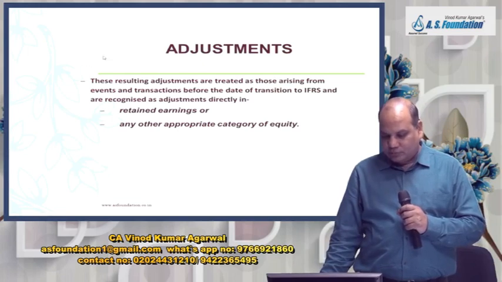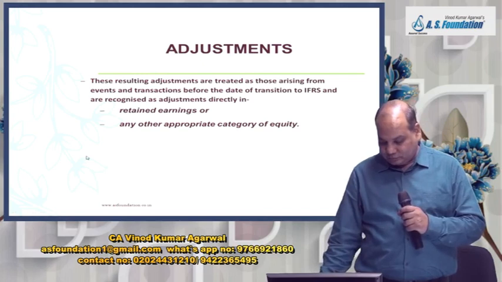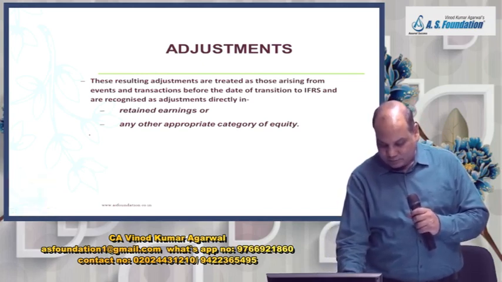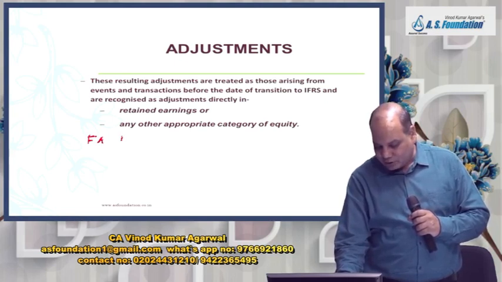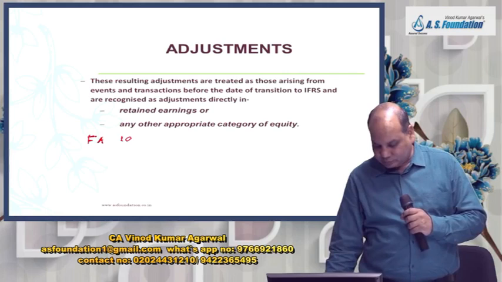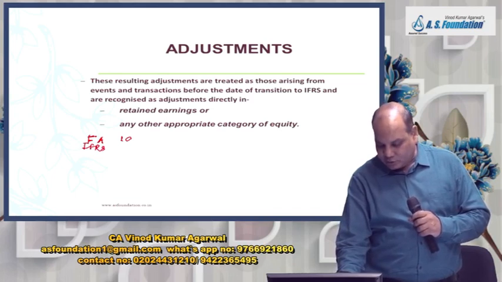Old GAAP, new GAAP. Amounts are changing. If the amounts are changing, where will you give the second effect? Where will you give the second effect? Suppose under old GAAP some financial asset was appearing at 10 lakh. And as per IFRS, if I take the fair value, it is only 9 lakh.